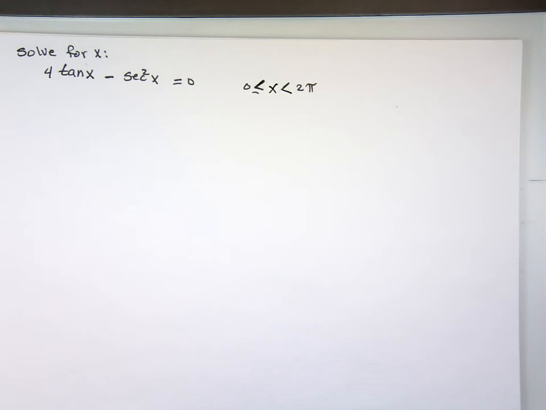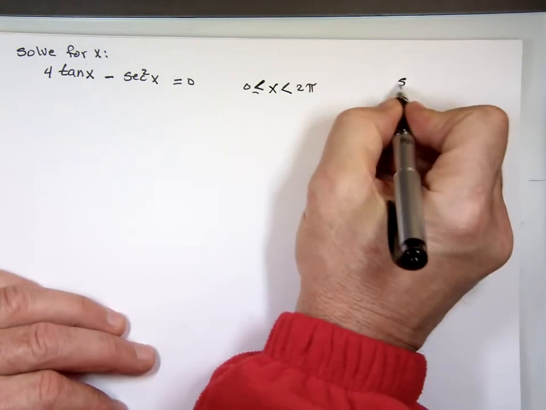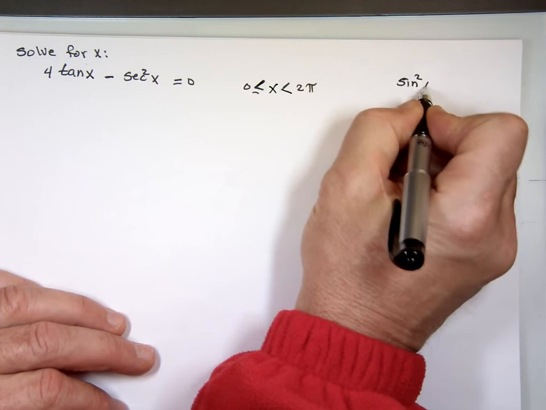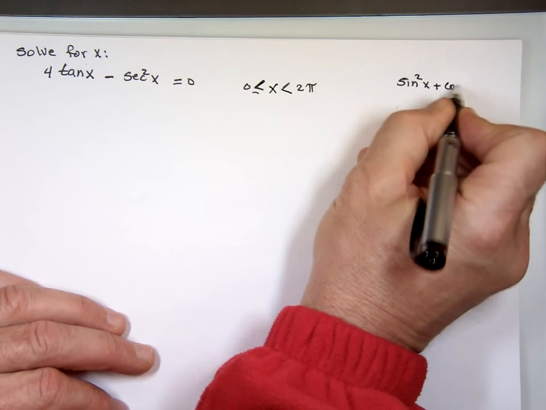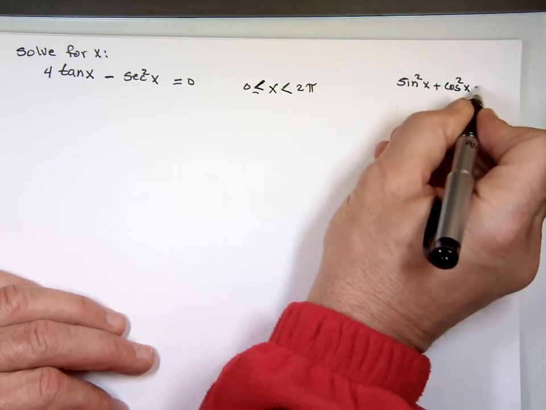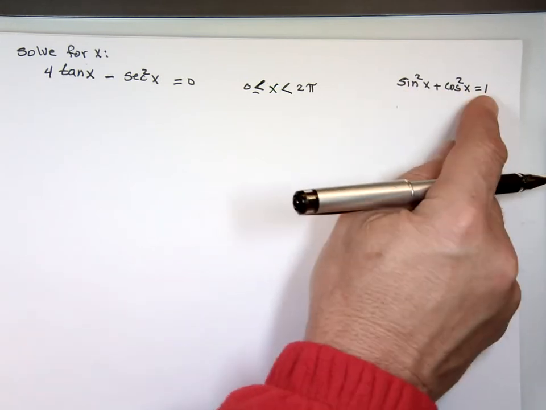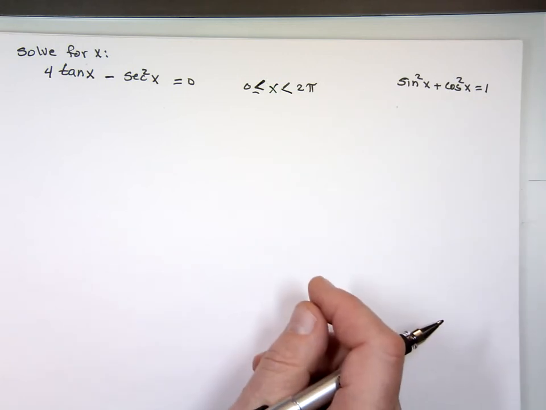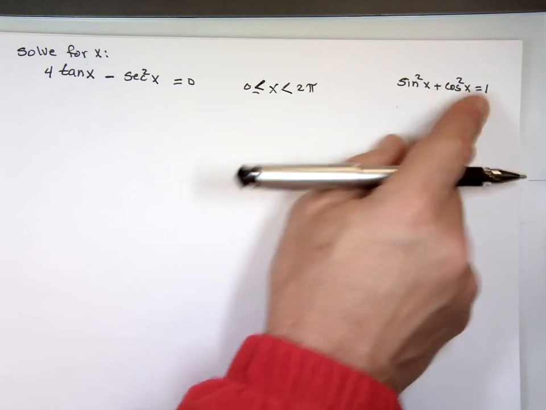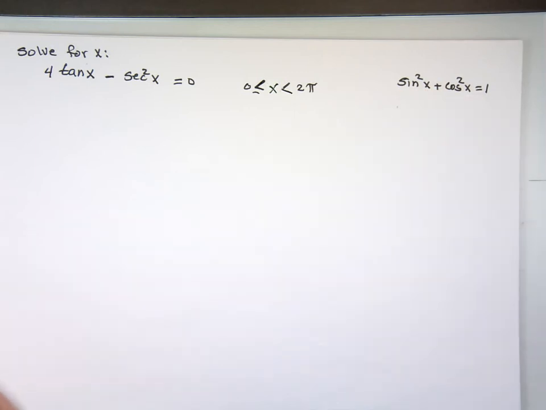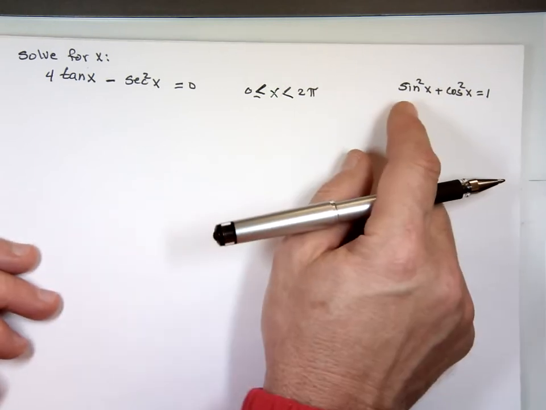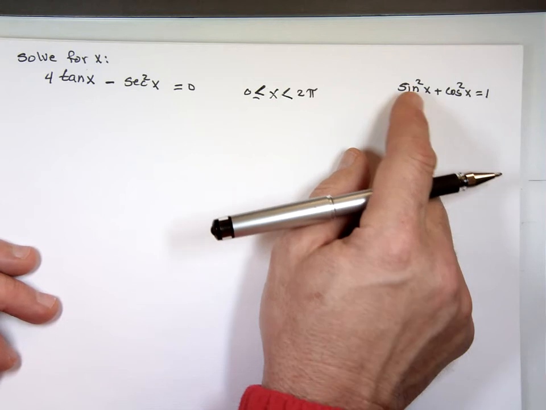Here's my trig identity again. Sine squared x plus cosine squared x is equal to what? 1. If you remember, you can divide every one of these by sine, or you can divide every one of these by cosine squared. Let me divide by cosine squared. What's sine squared over cosine squared?